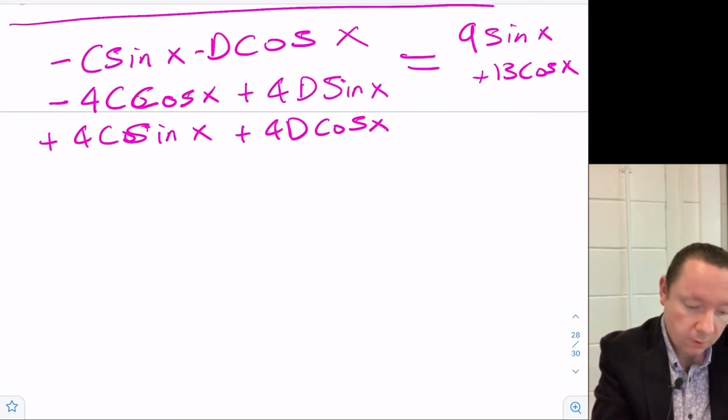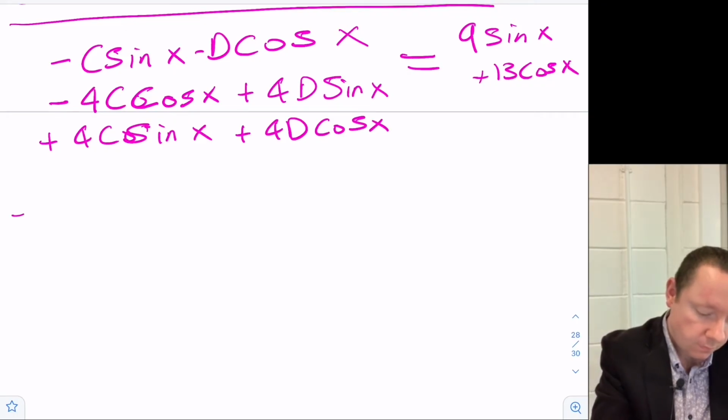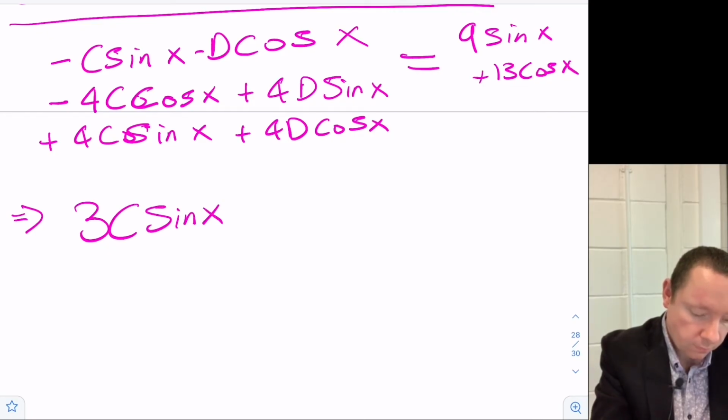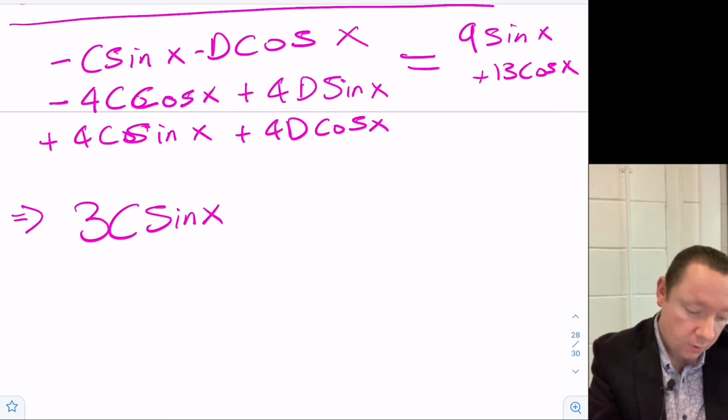So let's just do some counting. So for our sin x, we've got minus c sin x, and we've got plus 4c. So we've got 3c sin x. And looking at our d's in terms of sin x, we have got 4d sin x as well.